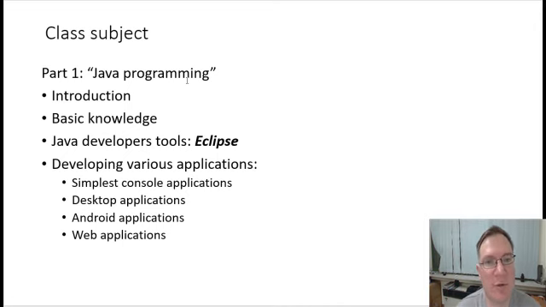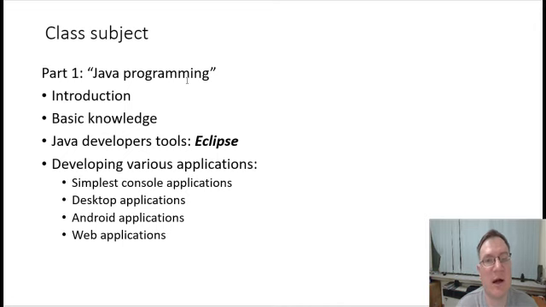The next thing we are going to discuss is the basic knowledge of Java. Java is a pretty interesting topic, covering many different aspects of modern programming, as well as developing different specified applications.